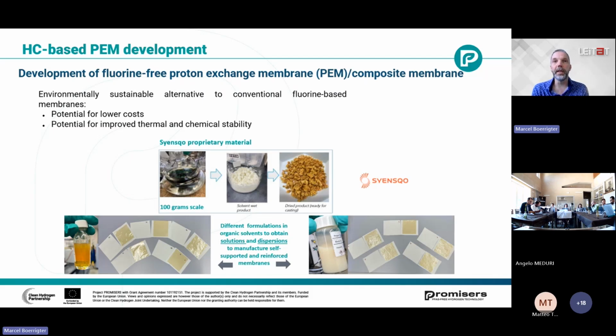We have small batches of these new polymers, which were sent to the partners for testing. Different formulations were made, one in organic solvents and also some dispersions, and from these organic solvent solutions and dispersions, membranes were made and tested.